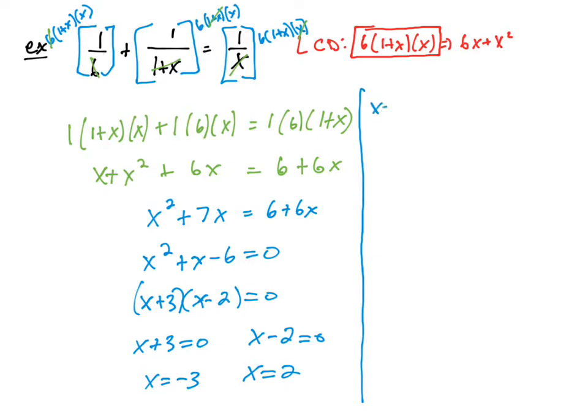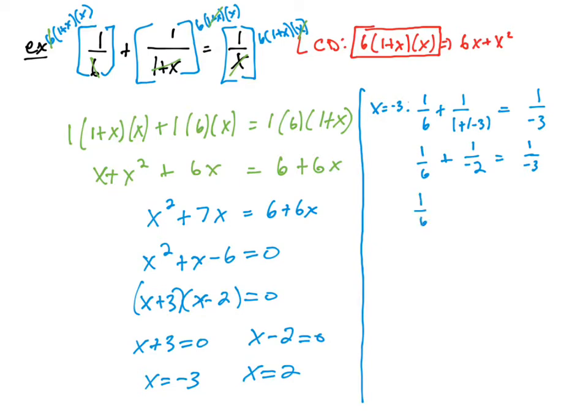So let's check x equals negative 3 first. We're going to have 1 over 6 plus 1 over (1 plus negative 3). Does that equal 1 over negative 3? Well, 1 over 6 plus 1 over negative 2. Let's get everything in terms of a denominator of positive 6.